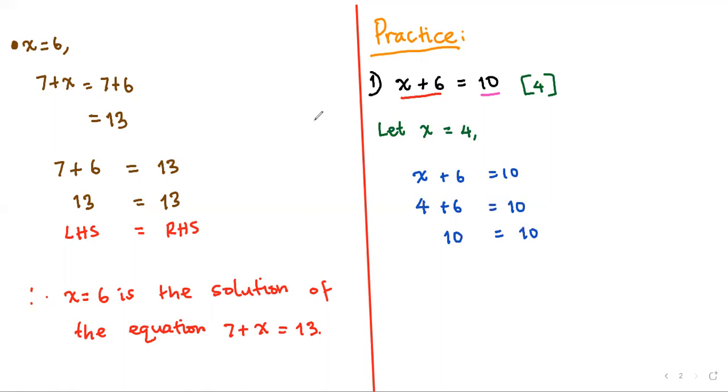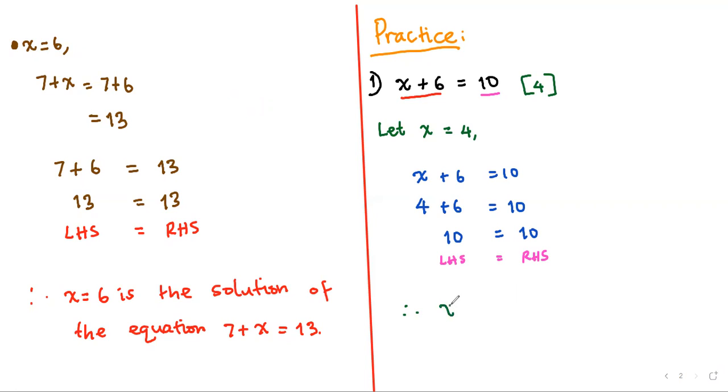So what can we say? X equals 4 is the solution. Very good. The left-hand side is equal to the right-hand side.